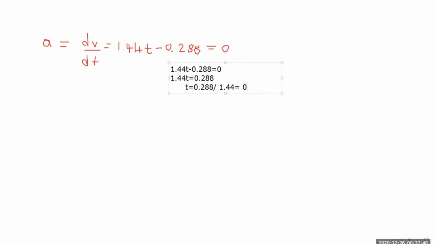That's equal to 0.2. All right, so we're getting t is 0.2. Just to check that no differentiation mistake was made.